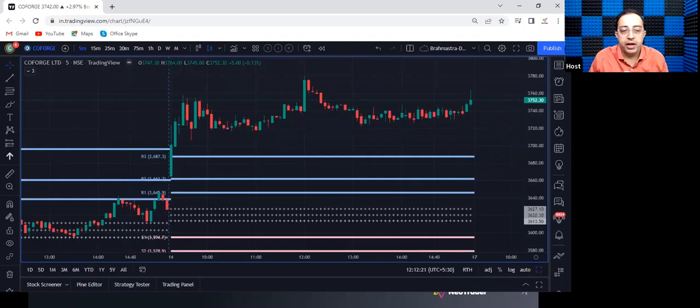Trading above R3 becomes an aggressive trade. Your stop loss will be at R2. So entry will be at 3704. Stop loss will be 3661. It's a risky trade. But then, risk hai to ishq hai, so people take it literally. You have to understand that if there is risk, there is love, but your capital is also at stake. So be very careful.